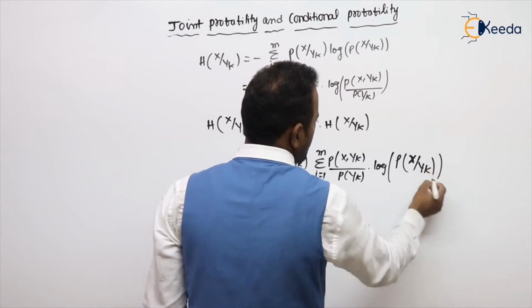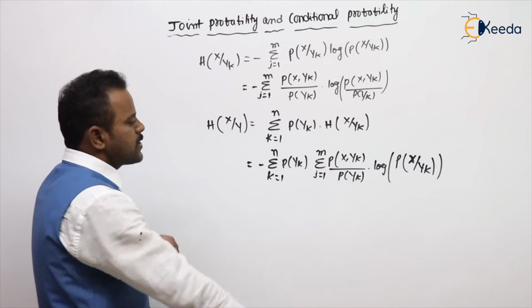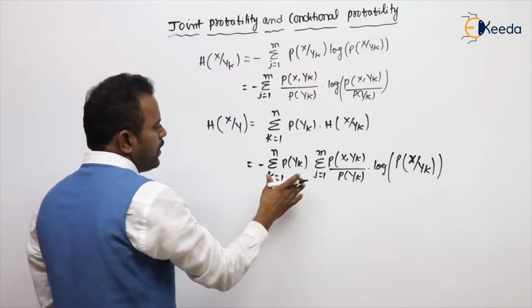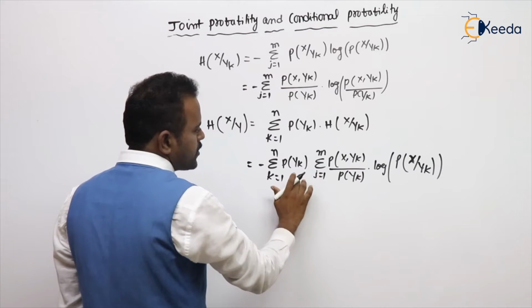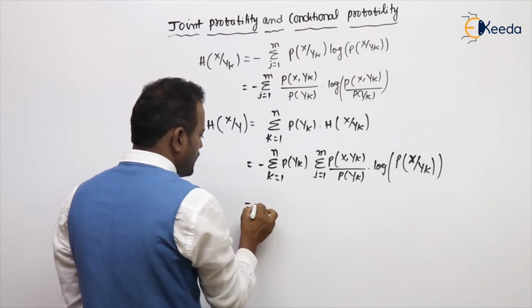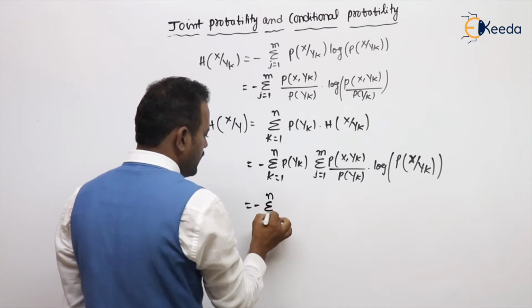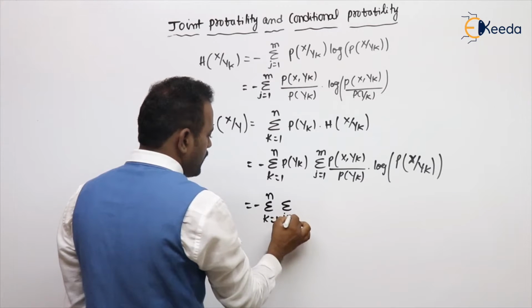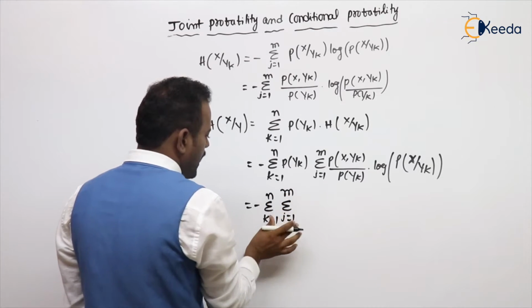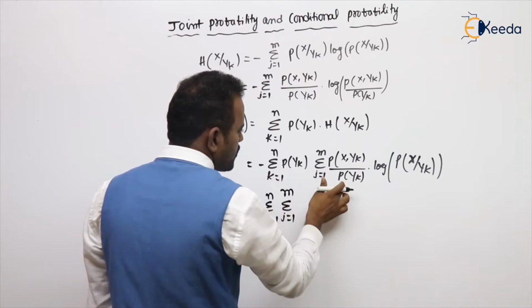Now write both summations outside, k equal to 1 to n, j equal to 1 to m, and if you multiply, these two will be gone.